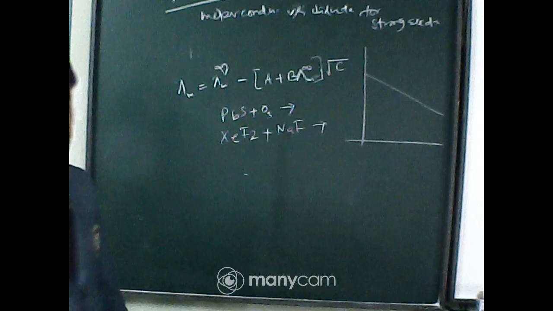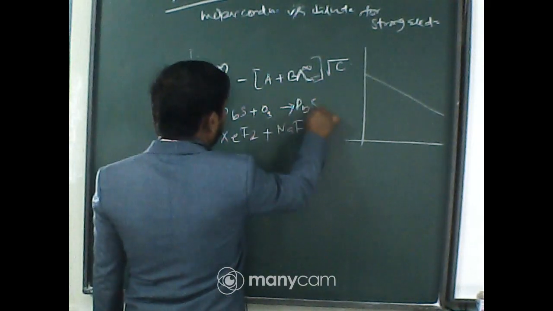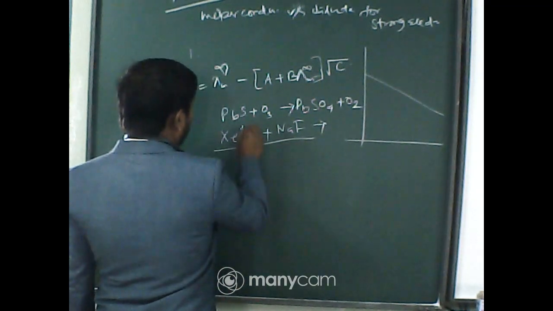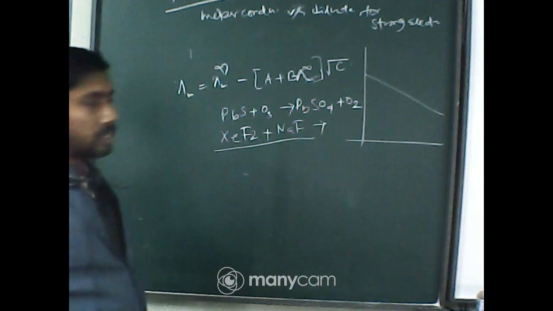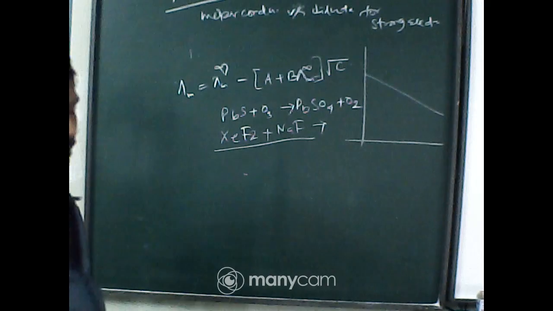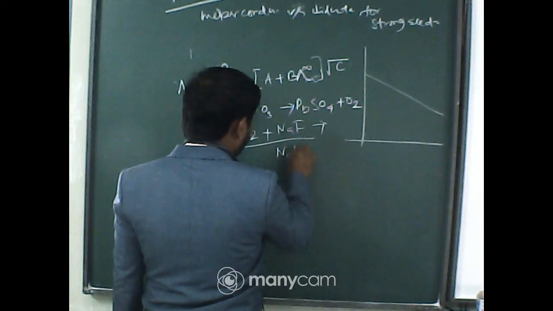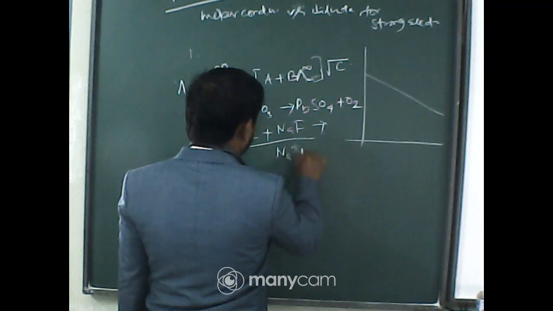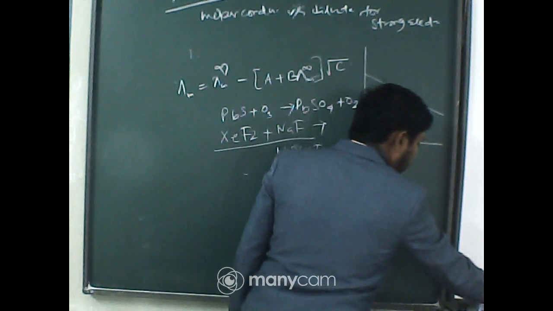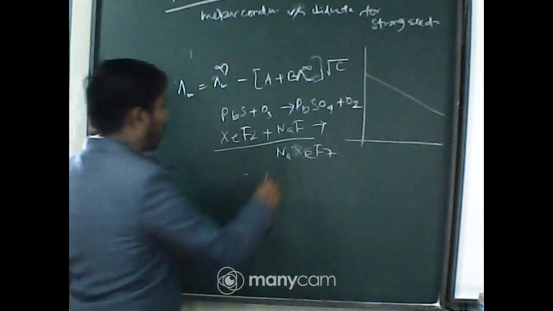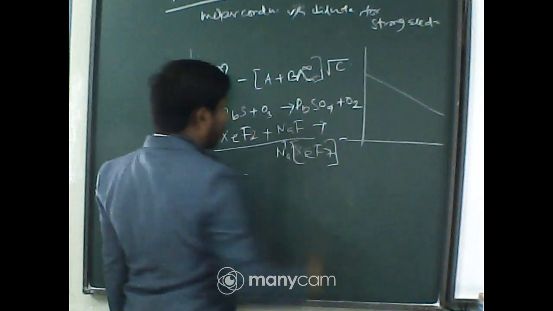It will form PbSO4 plus oxygen, and NaHCF7, Na plus HCF7 minus.